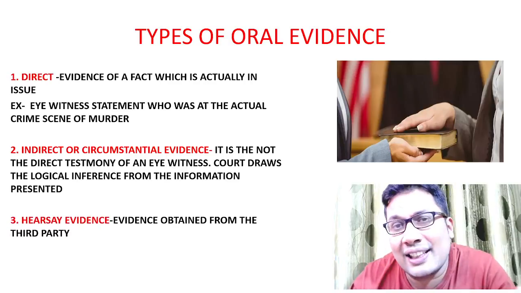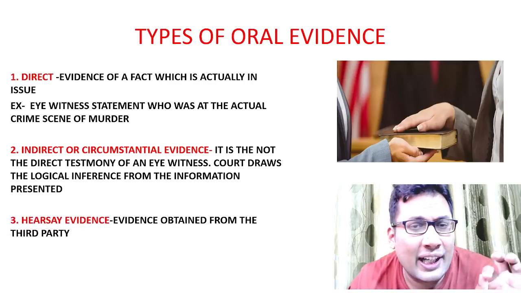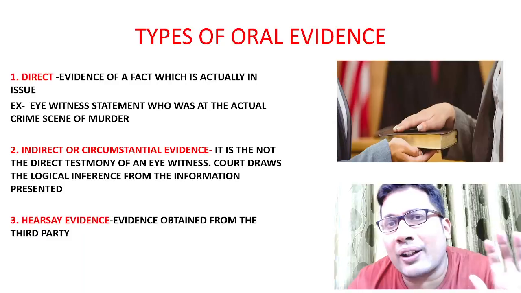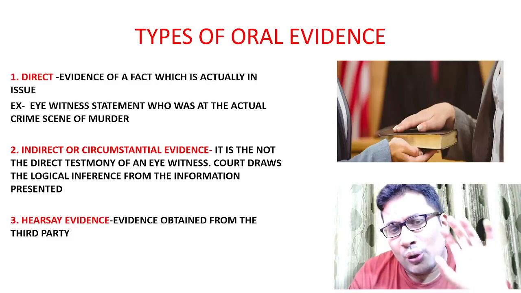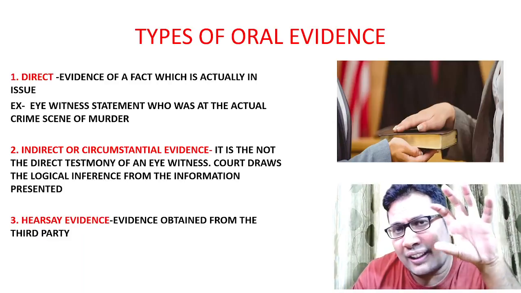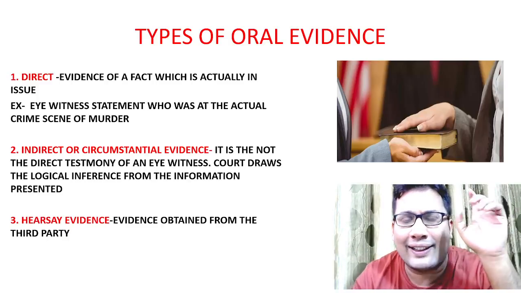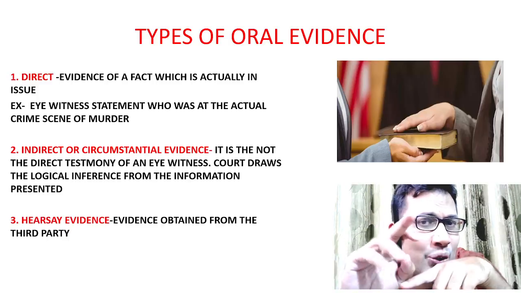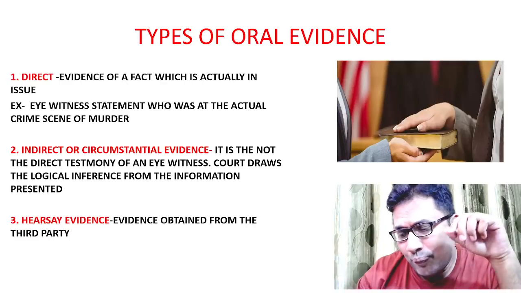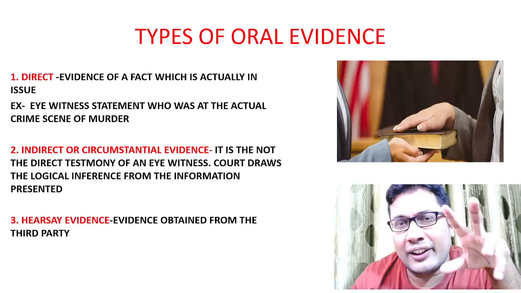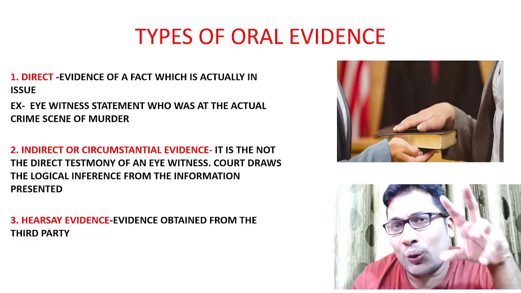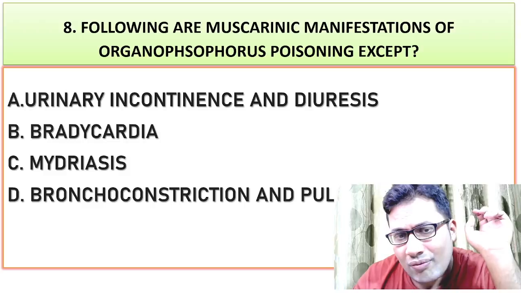One more is hearsay evidence, evidence obtained from a third party. So again, there are three types of oral evidence: direct, indirect, also known as circumstantial, and the third one is hearsay evidence. Hostile witness, the U-turn witness, is one who is not revealing the truth or is telling a lie.